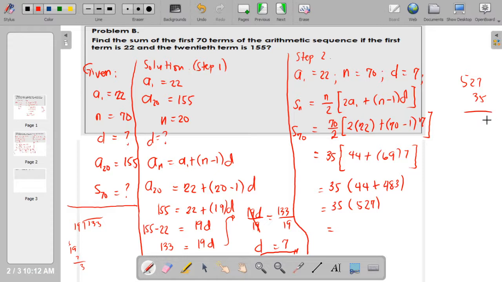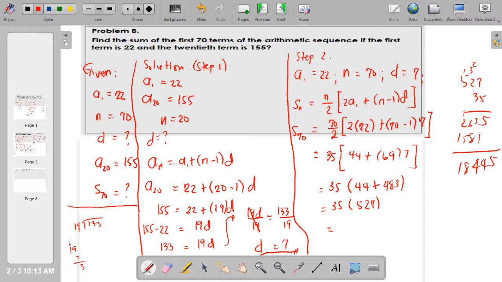5 times 7 is 35. Then 3 times 5 is 15. Working through the multiplication, it is a bit long. Carrying the digits, this is 8, and this is 1.